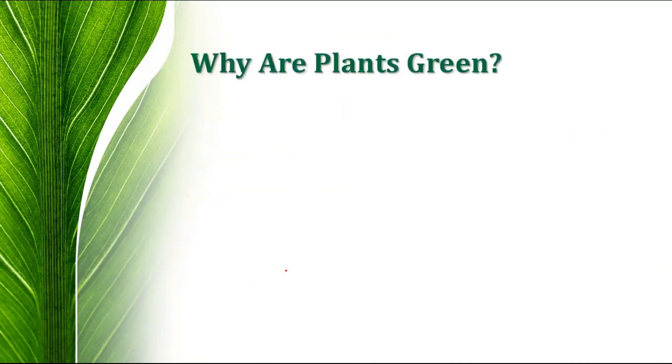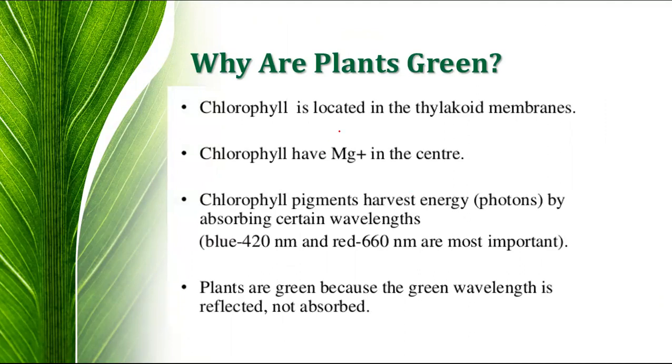Now, why are plants green? The chlorophyll is located in the thylakoid membrane of a chloroplast. Chlorophyll has a magnesium ion at the center, and this pigment harvests energy by absorbing different wavelengths. Now, the red and the blue light: blue light has a 420 nanometer wavelength, while red light has a 660 nanometer wavelength.